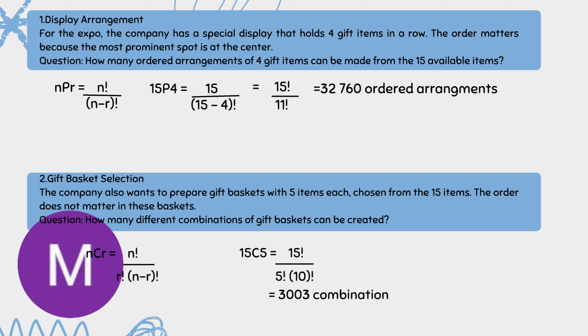Substituting in the formula, we get 15 factorial over 15 minus 4 factorial, so 15 factorial over 11 factorial, and we get 32,760 ordered arrangements.